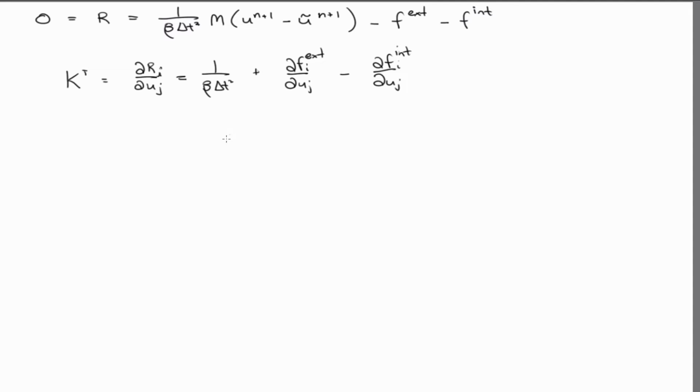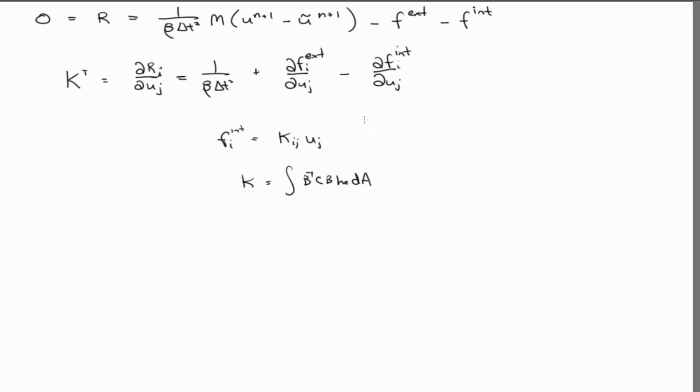So remember, our internal force was like our stiffness matrix, which was, for an elasticity problem, the integral over the domain of B transpose C B times h e, if it's 2D, dA essentially, right? So the internal force is K ij u j, right?